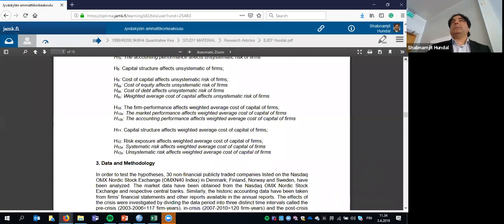Then you come to the next chapter, called data and methodology. What data will you collect if you're doing quantitative research? You can also say historical data. All right. Historical data of what?